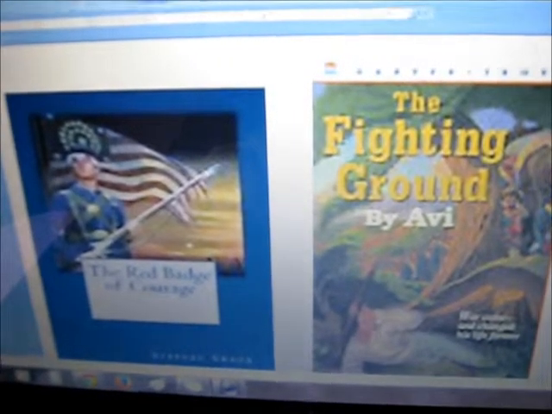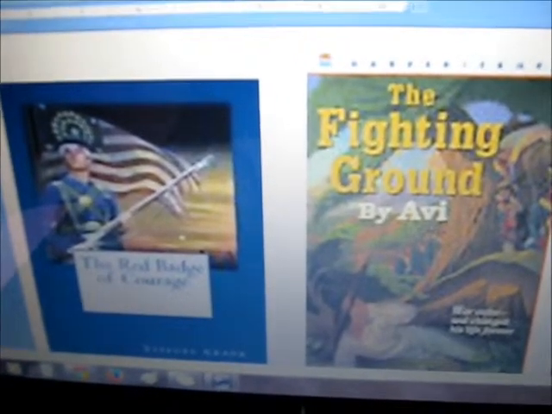Maybe it would change our system for the better. I'm trying to keep an open mind here. So those are my suggestions, and I'm going to show you the various Common Core standards that fit the Red Badge of Courage and the Fighting Ground.